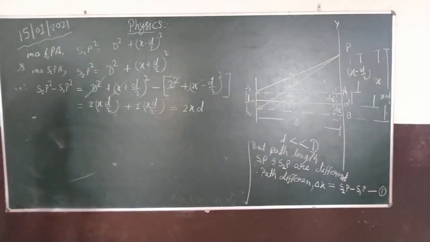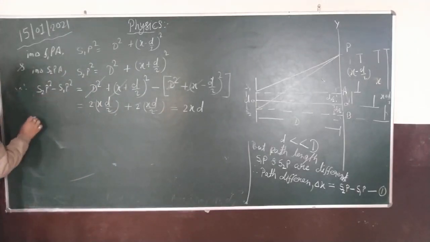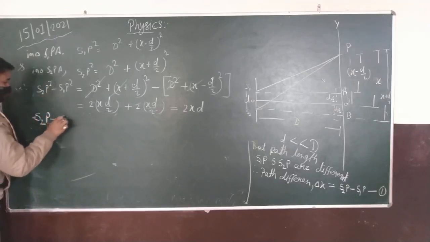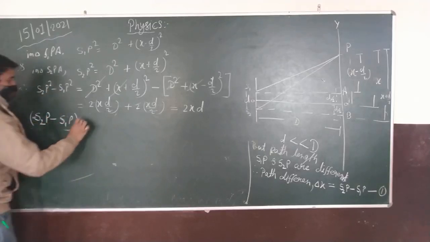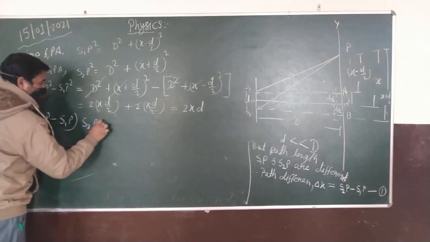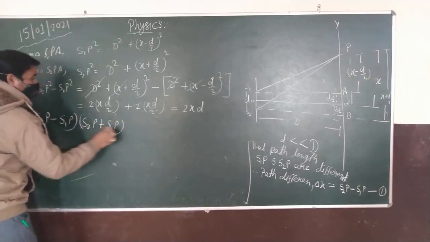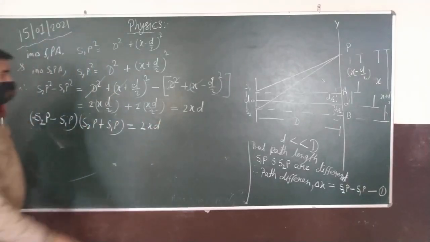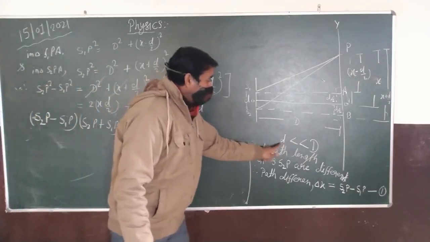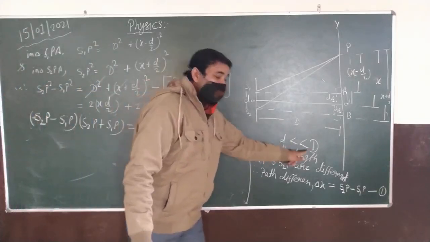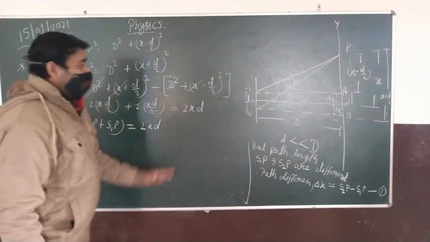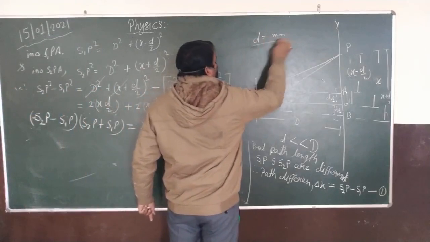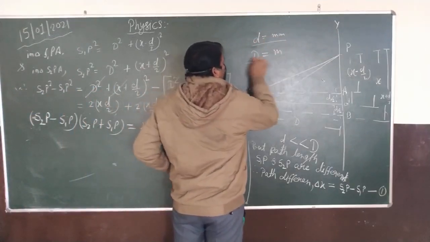Okay. So, this we have (S2P minus S1P) and (S2P plus S1P) is equal to 2xd. Clear? Now, initially I will instruct you that d is very smaller than D. Second, small d is in millimeter and D is in meters.